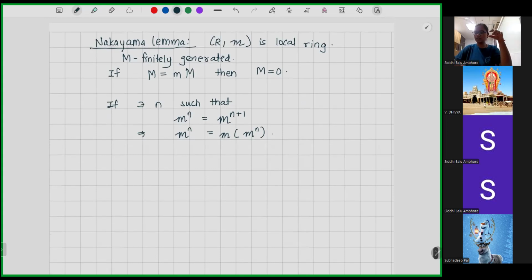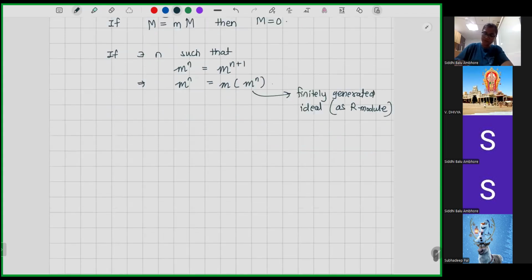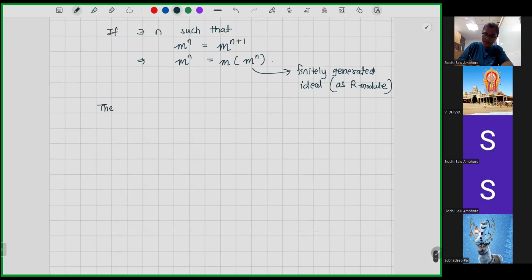This is the maximal ideal of a local ring, and M power n is a finitely generated ideal because we are in a Noetherian ring, and therefore finitely generated as an R-module. So by Nakayama Lemma, M power n is 0.